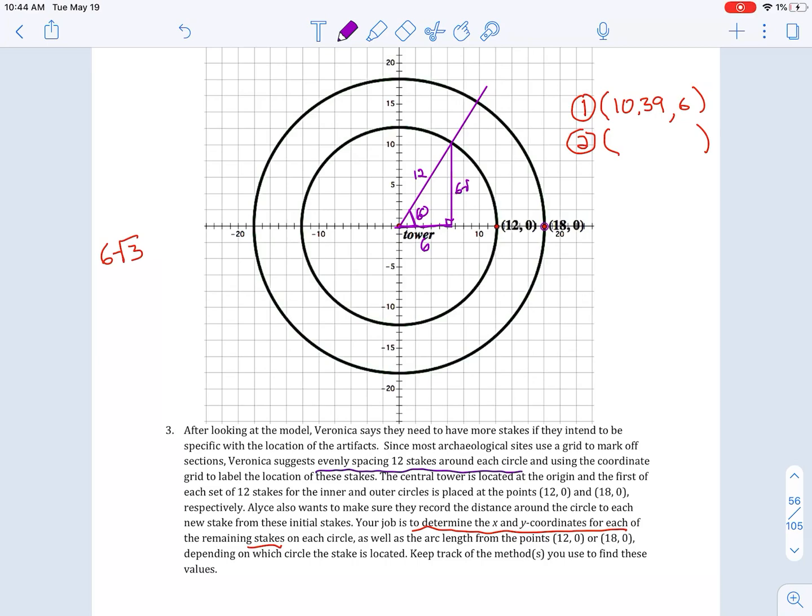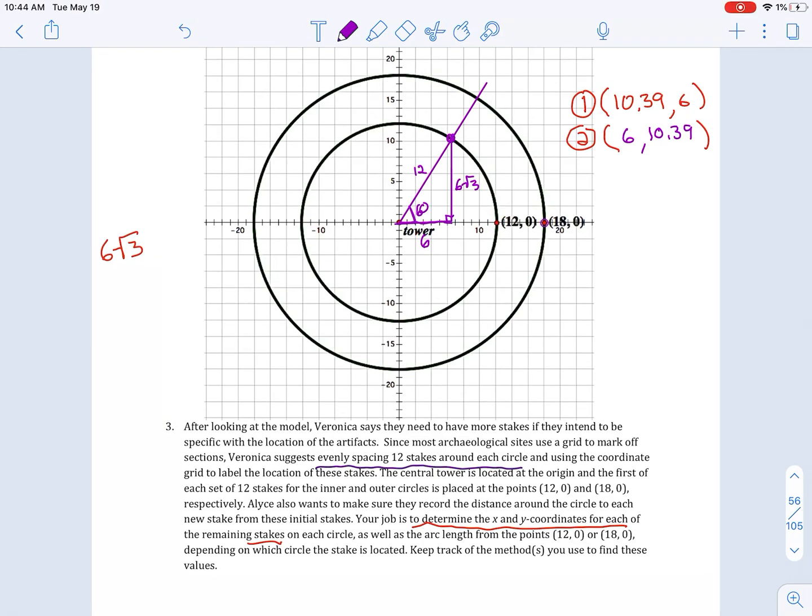And this is 6 times the square root of 3. These numbers are starting to look familiar. Okay, so stake 2 is 6 over and 10.39 up. Okay, all right, so that's going to go right there. And then you had your other one, and then stake 3.